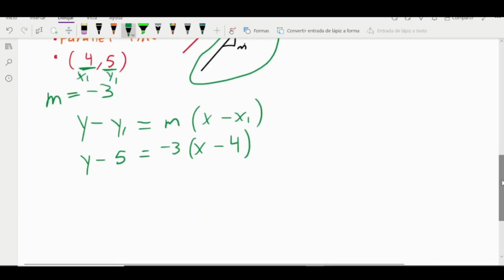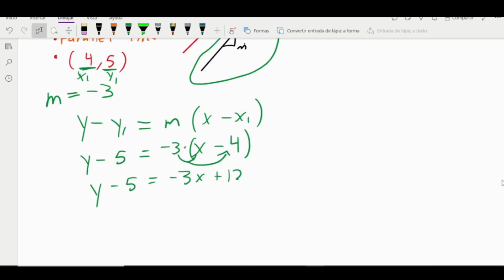In this case, the only thing we need to do is solve this equation. We have y minus 5 equal minus 3 times x minus 4. Remember the distributive property: minus 3 times x is minus 3x, and minus 3 times minus 4 is positive 12.